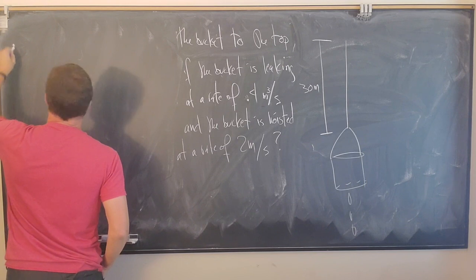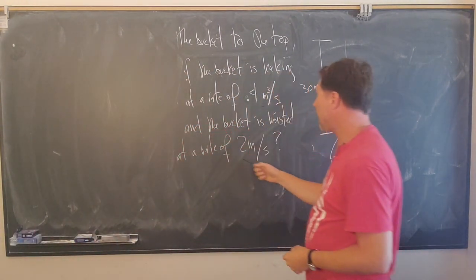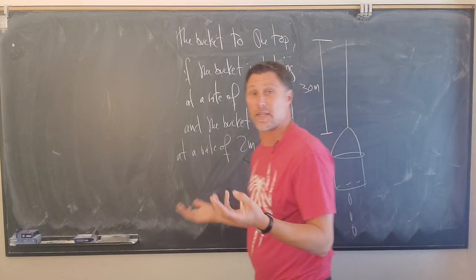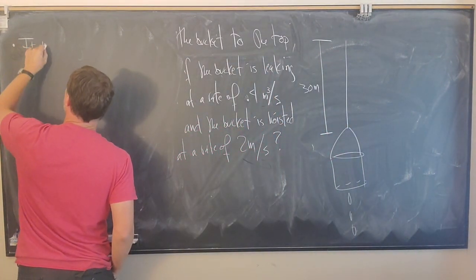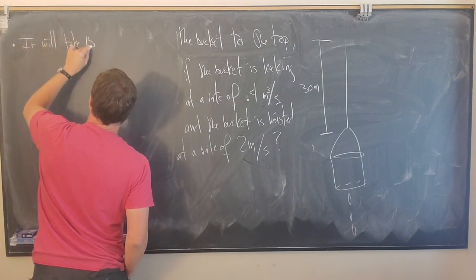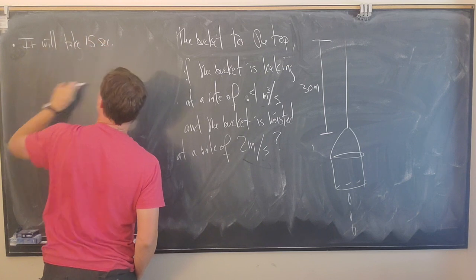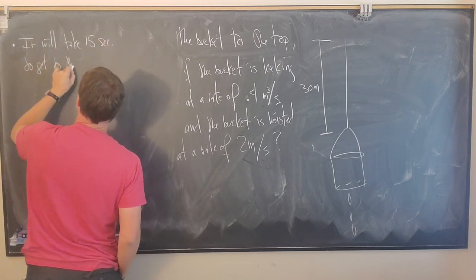First of all, since we're down 30 meters and we're reeling it in at a rate of 2 meters per second, this job's going to take us 15 seconds. So let's just say that. It will take 15 seconds to get to the top.